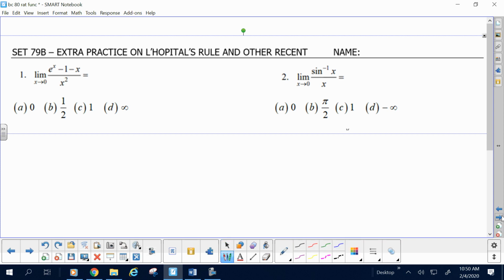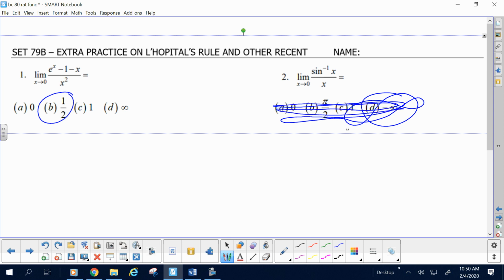Number 1 is B, with work, obviously. 2 is D. I already typed my answers; they're in a different order. It's D. Sorry, I made some formatting changes and then made slides for my new slide.